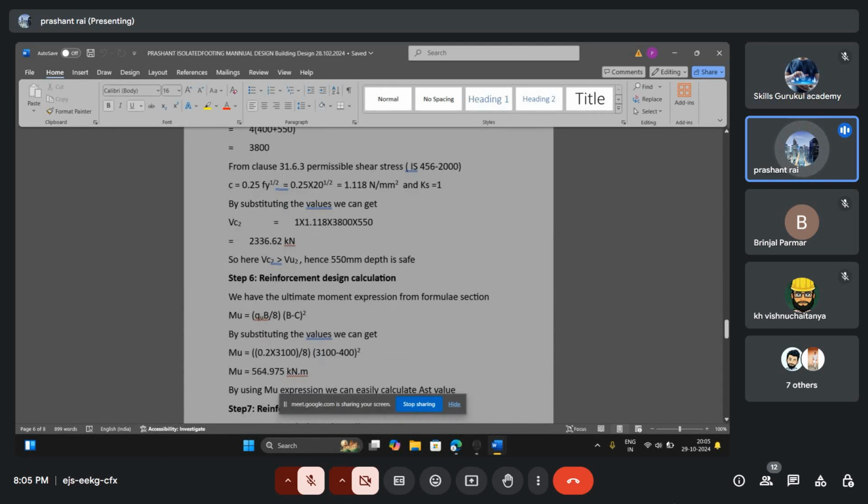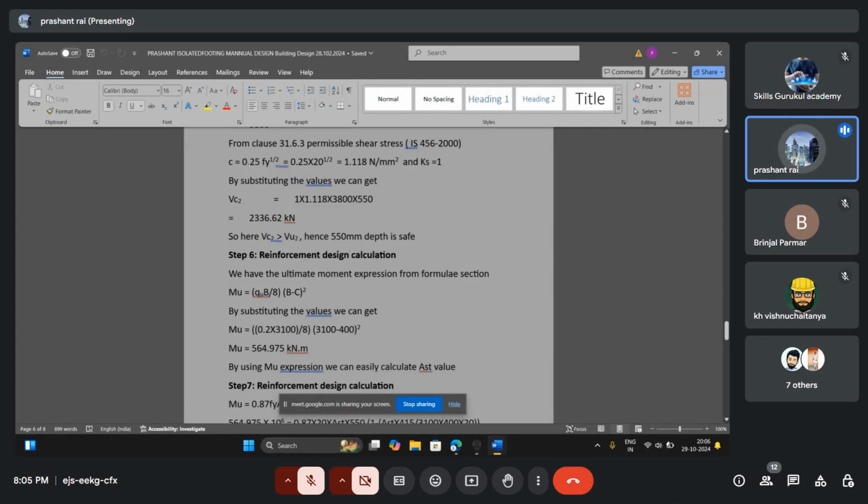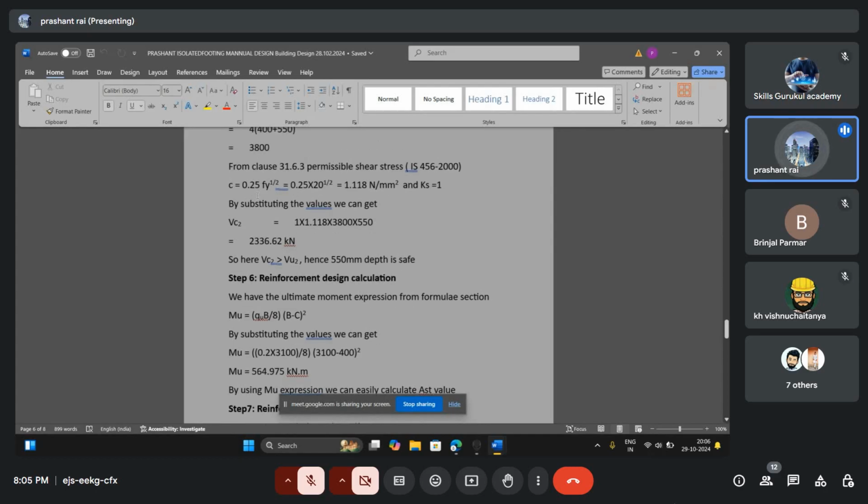From clause 31.6.3, permissible shear stress, this is the Indian Standard IS code for RCC, IS 456-2000. Ks is equal to 0.5 plus beta c, and tau c is equal to 0.25 root fck, which is 0.25 multiplied by root 20.